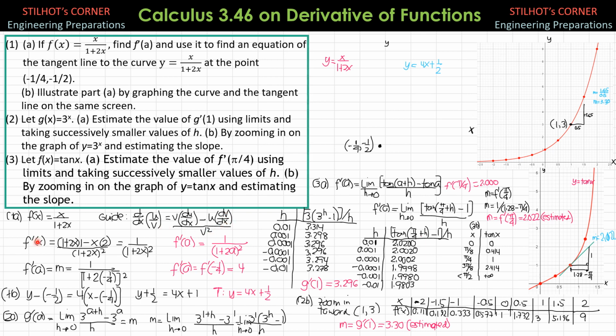So f prime of x is denominator 1 plus 2x, times the derivative of x with respect to x, which is 1, minus numerator, which is x, times the derivative of the denominator, which is 2.